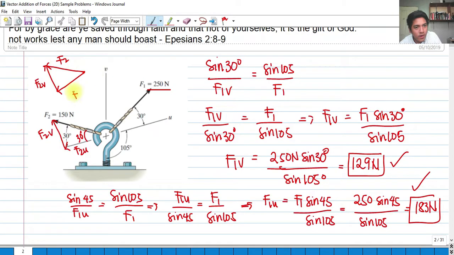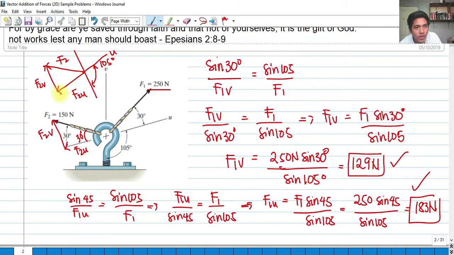As you can see, this would be our V axis. Forgive me for my drawing, but it's still the same. This is our U axis. And this angle, according to the given, is 105 degrees.